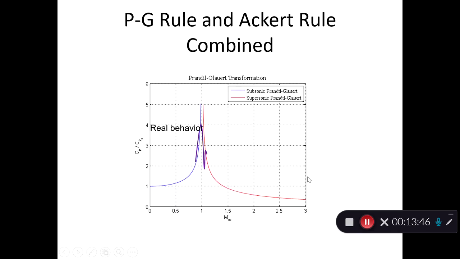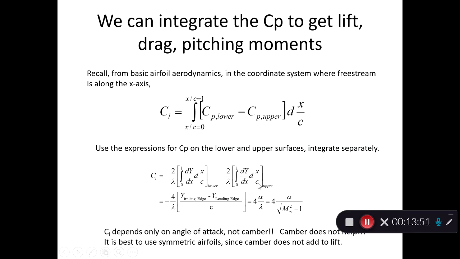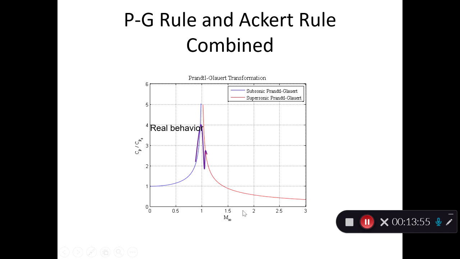So we could do the same thing. This is the expression for the CL that we just developed. Let's put it on the right side. This is the supersonic regime. This is the rule that we just developed. This is called the Ackeret's rule. This is the Prandtl-Glauert rule. This is the nonlinear rise in lift we talked about.